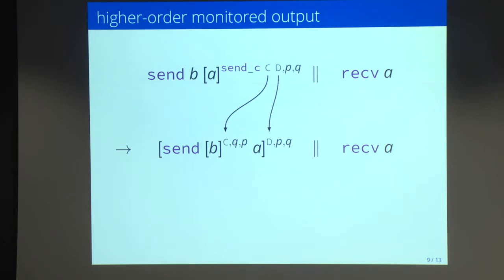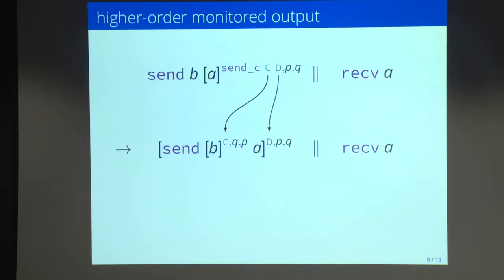When we have a higher order output, initially the situation is similar, in the sense that, again, we redistribute the monitors so that the message that we are sending, B in this case, is monitored by the contract C that it is supposed to satisfy. But now, B is just a name, just a session endpoint, and there is no check that we can perform at this time to verify whether this endpoint does satisfy C or not.